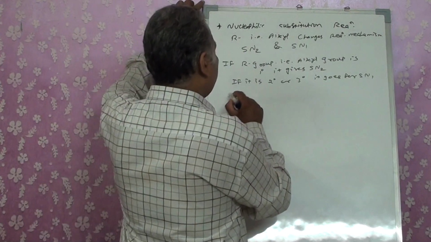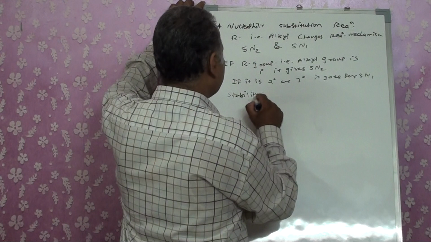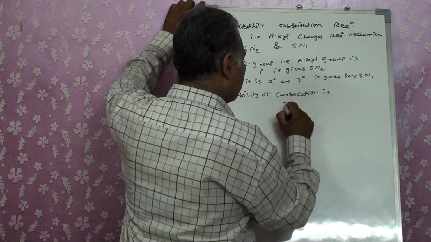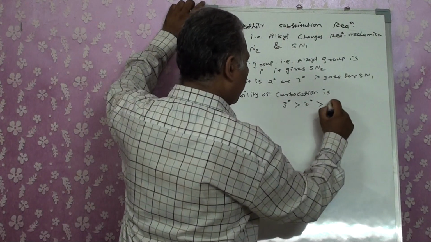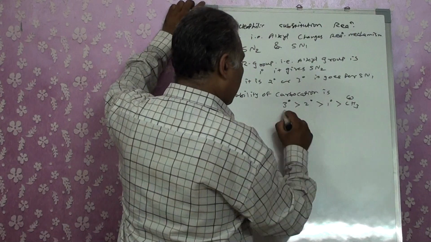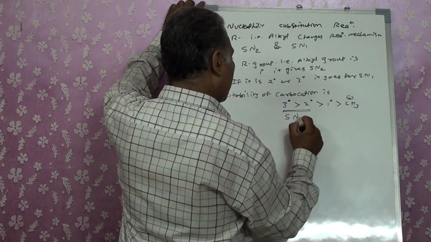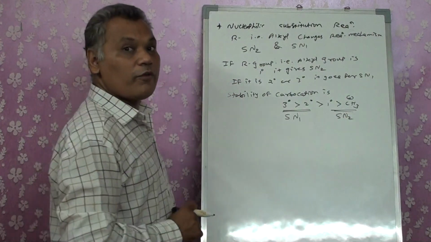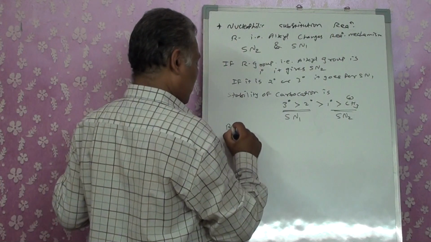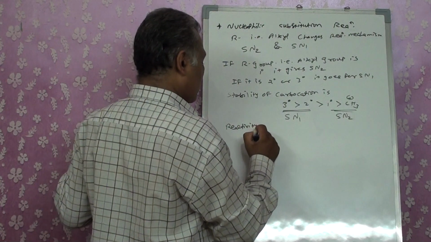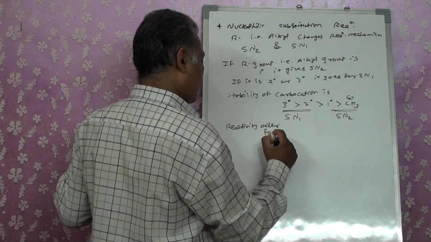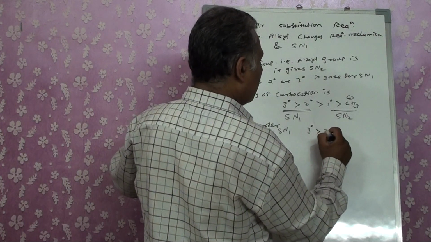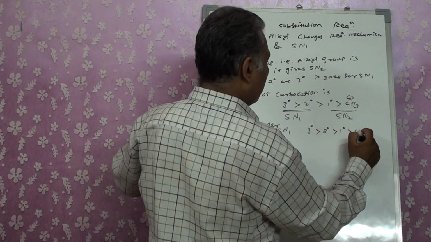We know that the stability of carbocation is: tertiary is more stable than secondary, is more stable than primary, is more stable than methyl. That means the secondary and tertiary go for SN1, and the methyl and primary go for SN2. If I want to write the reactivity order for SN1, we get tertiary halide, secondary, primary, methyl.